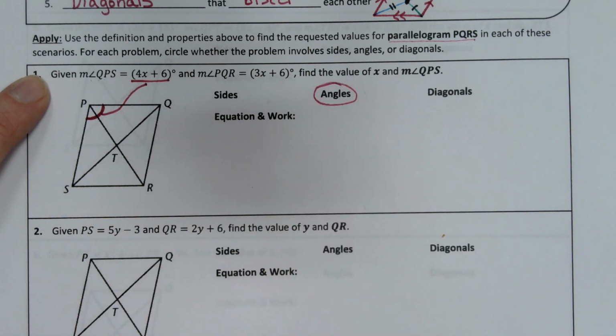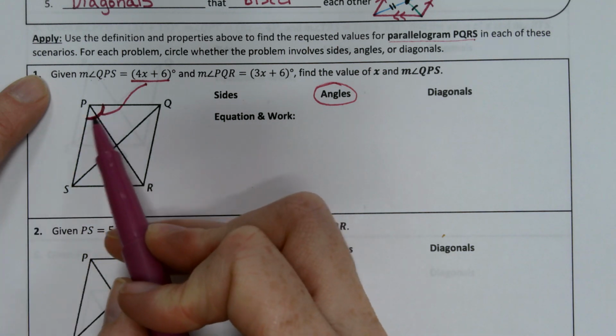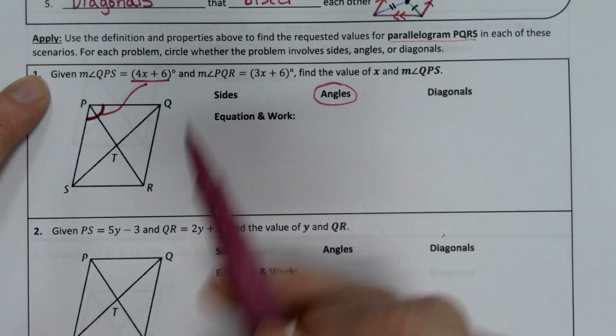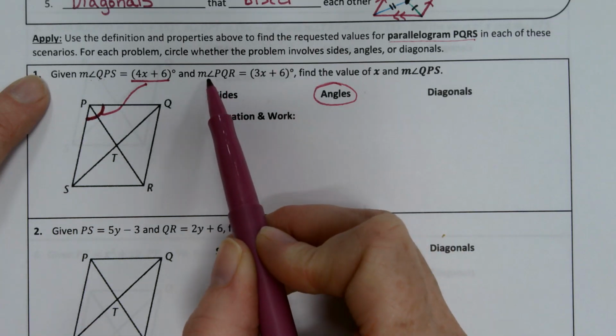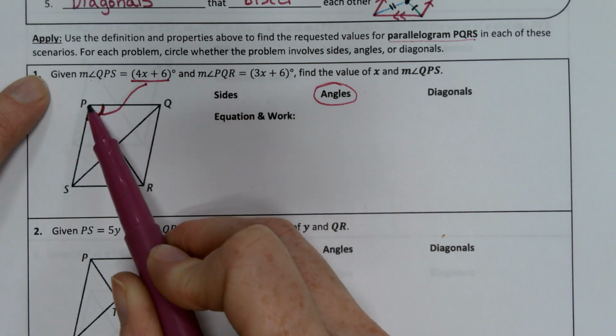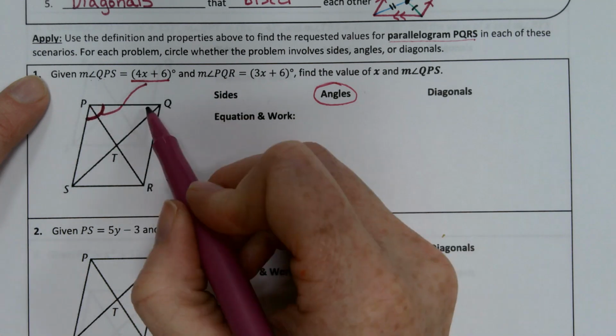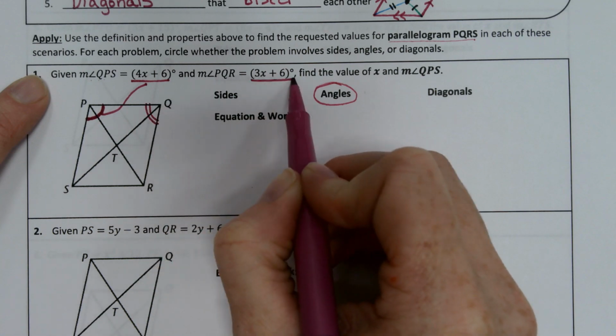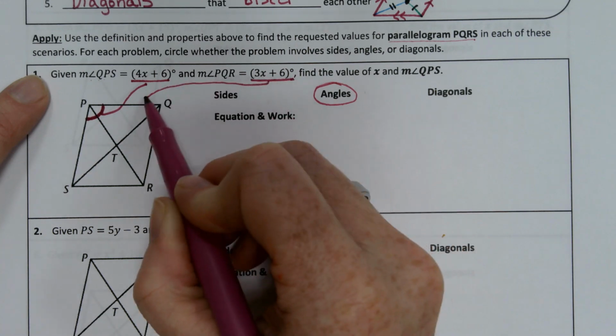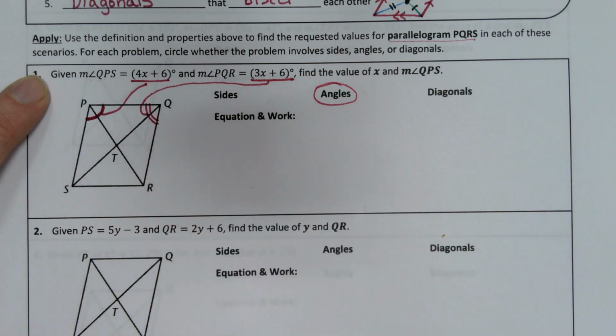I don't know which property related to angles yet, but I do know that they're giving me angle information. Onward we go to the next piece of the given information, the measure of angle PQR. So tracing from P to Q to R focuses us in on this corner right here. So that 3x plus 6 is that angle measure.